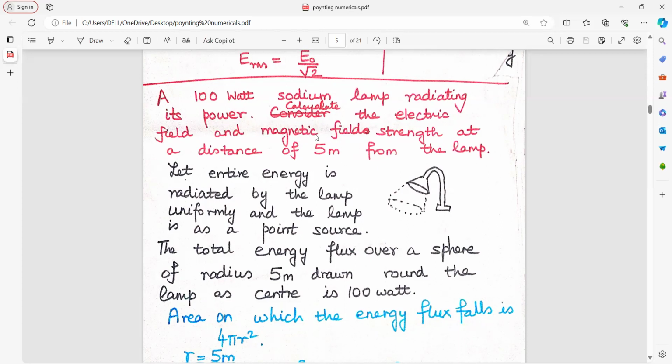This distance of 5 meters becomes the radius. The entire energy is radiated uniformly, with the lamp acting as a point source of energy. So the total energy flux over a sphere of radius 5 meters drawn around the lamp as center is given as 100 watt.